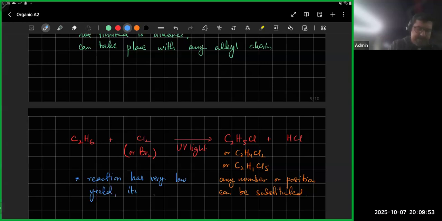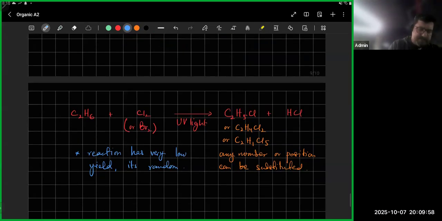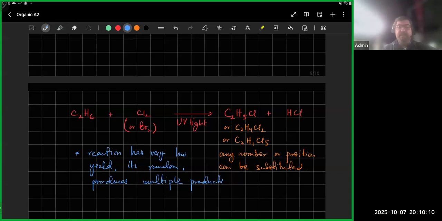Okay, so it's kind of random and it produces multiple products. So it could be any of those products that are forming. Okay. Is this clear?